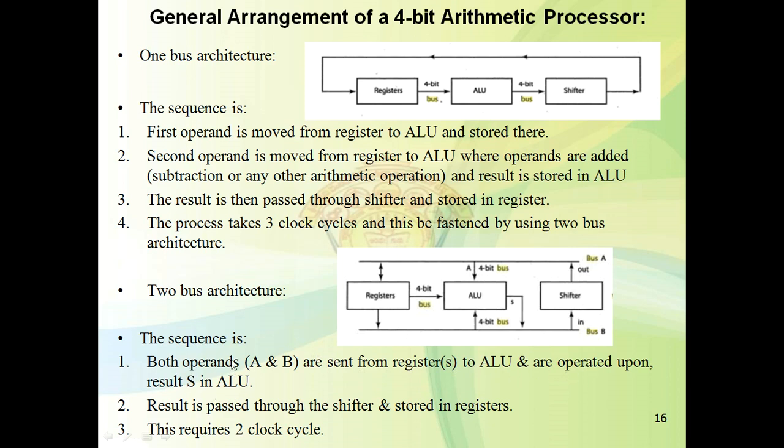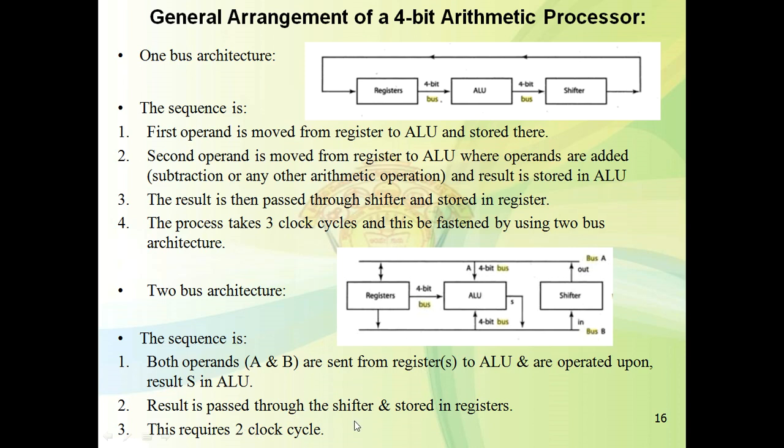See here, both operands A and B are sent from the register to the ALU, register to ALU, within 1 clock cycle, and the addition will be done. Then it will be transferred on 1 bus and shifted by the shifter in the next clock cycle. The result is passed through the shifter and stored into the register.